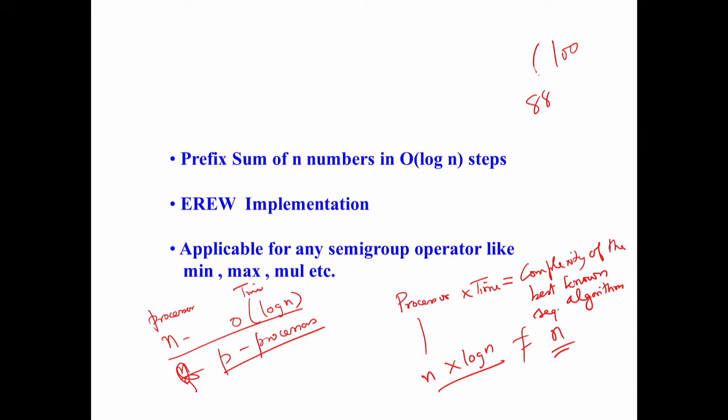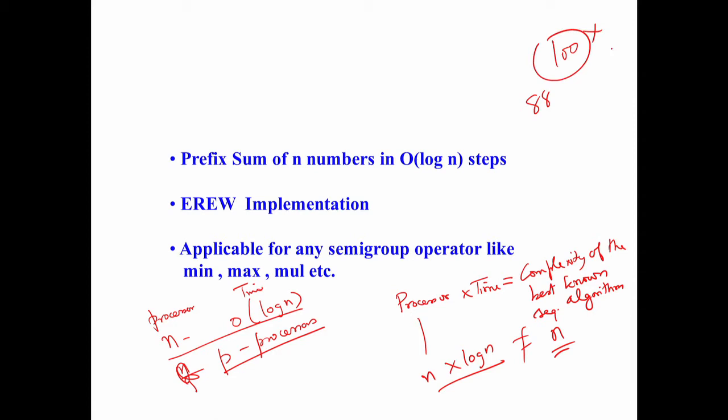Suppose there are 4 processors, and I have a parallel algorithm such that each processor can finish in 22 units of time. That means I'll ditch 4 processors, take one processor, and do the same tasks one after another, and it will finish in 88 units of time. This contradicts the fact that this is the best known sequential algorithm, correct?